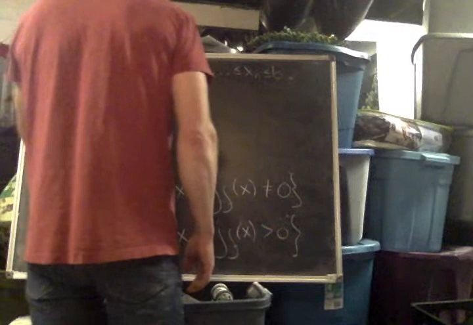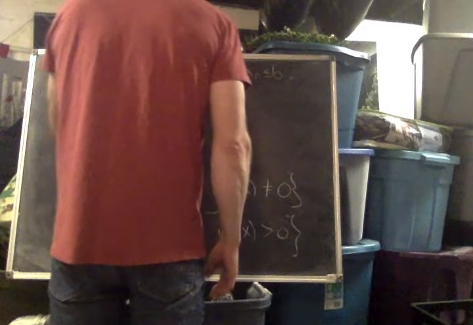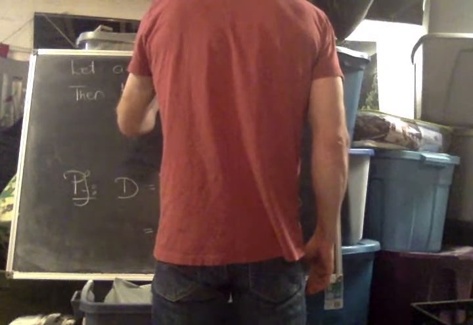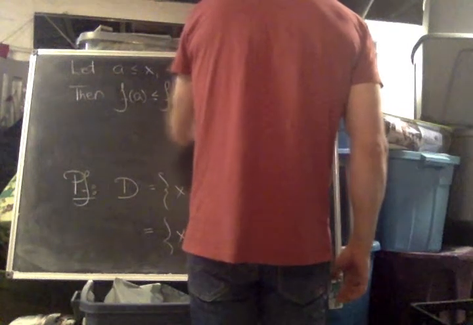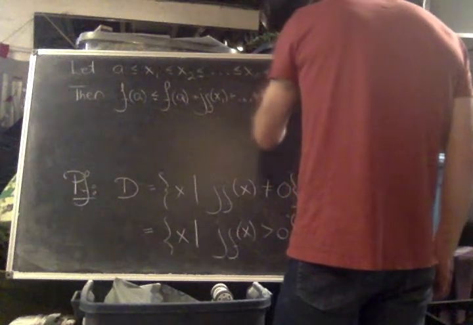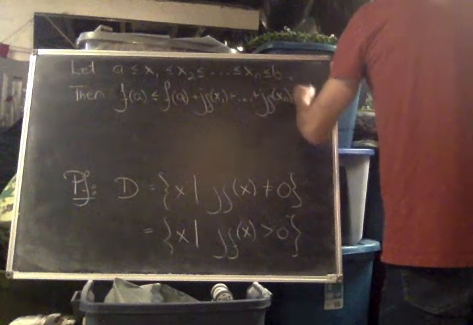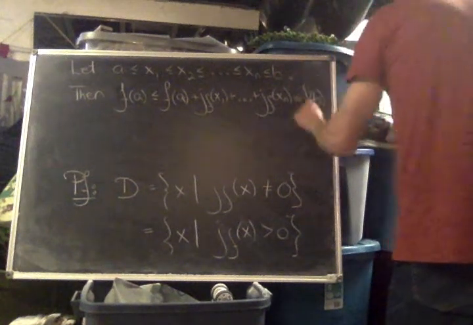Then f of a is less than or equal to f of a plus the jump at x1 plus all the way up to the jump at xn, and this is all less than or equal to f of b.